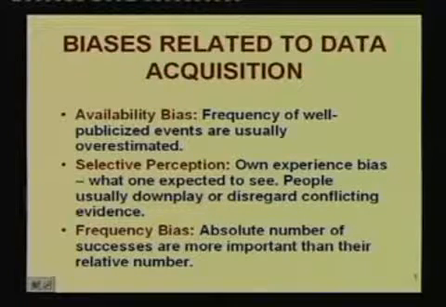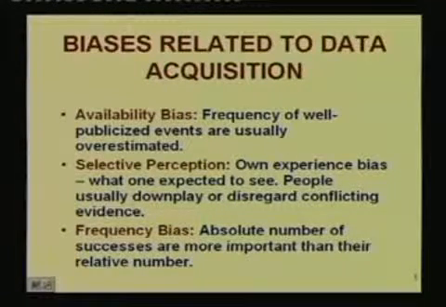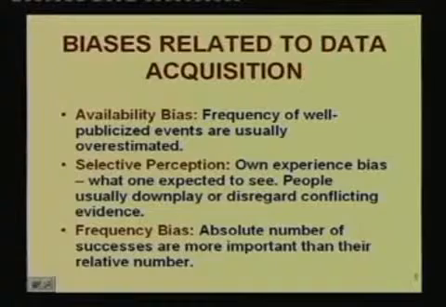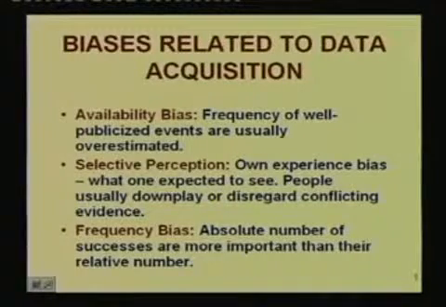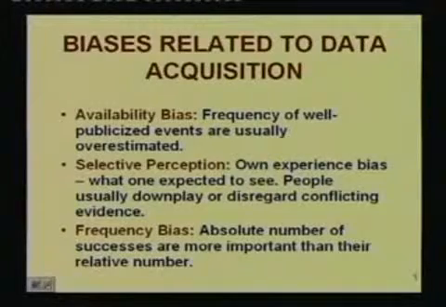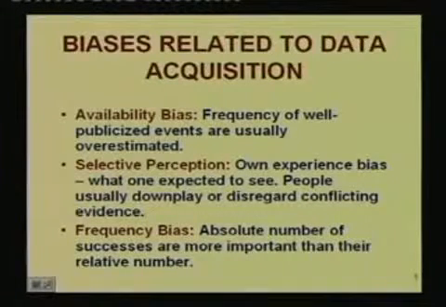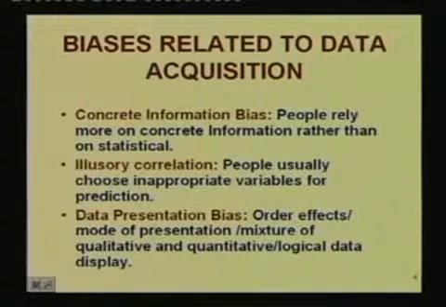Selective perception, or own experience bias, is seeing what one expected to see. People usually downplay or disregard conflicting evidence. So basically we perceive certain things and do not perceive certain other things; our perception is sometimes selective. Frequency bias: the absolute number of successes is treated as more important than their relative number. So these are some of the biases due to data acquisition.